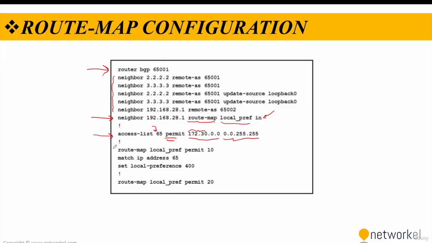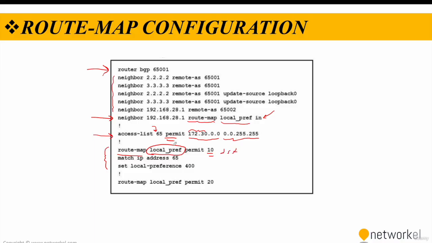And then I'm able to see I am defining my route map in here. Route map local pref, that is the name of my route map. Route map local pref permit 10, that is my first route map statement.